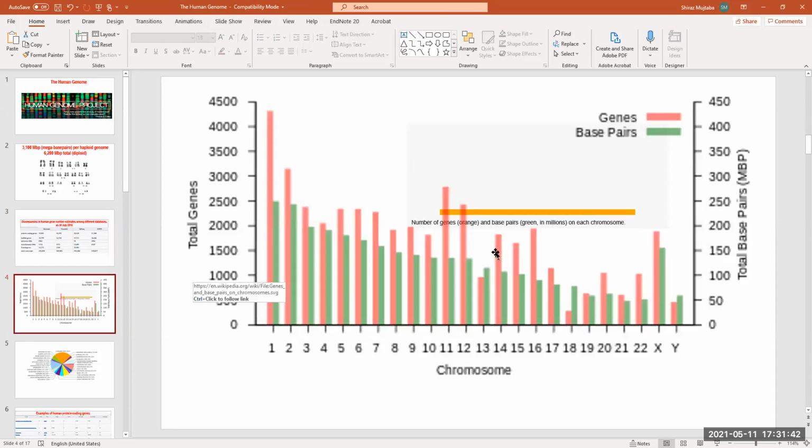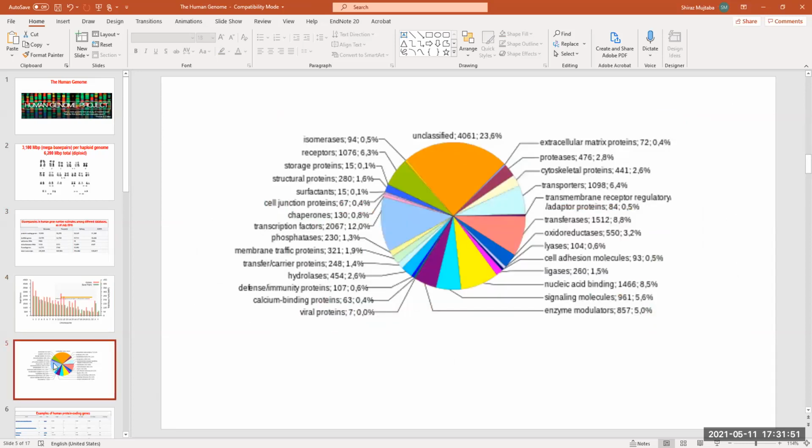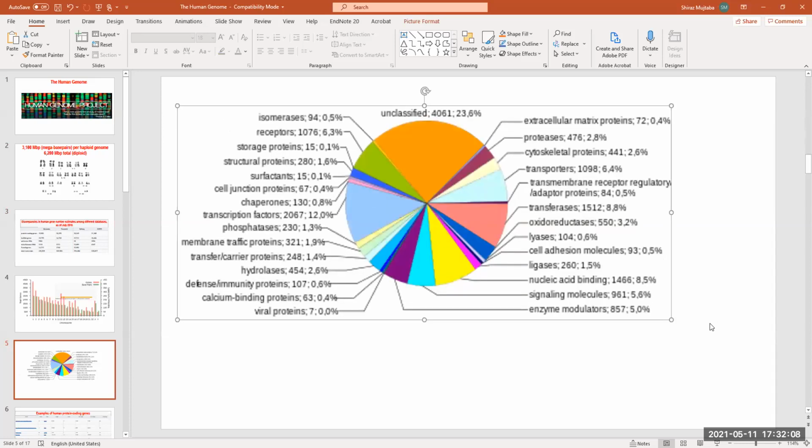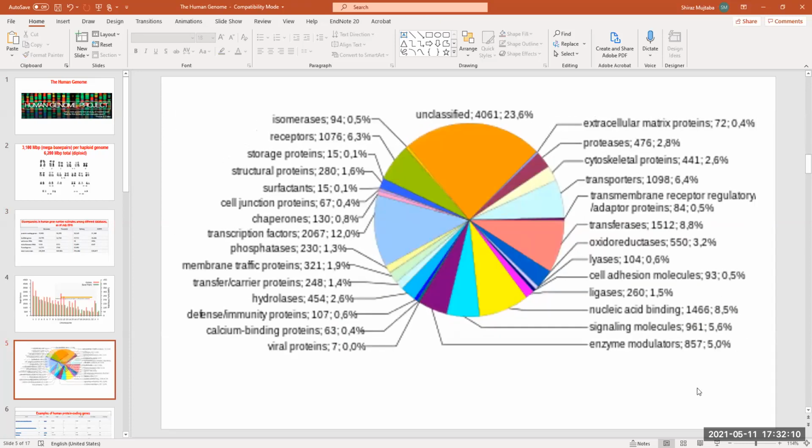This represents the number of genes per chromosome, going from 1 to 23 per haploid genome. Using various tools, these genes can be classified into enzymes, membrane proteins, signal transduction proteins, RNA transcriptional proteins, and cytoskeleton. This pie chart gives the percentage contribution of various proteins.